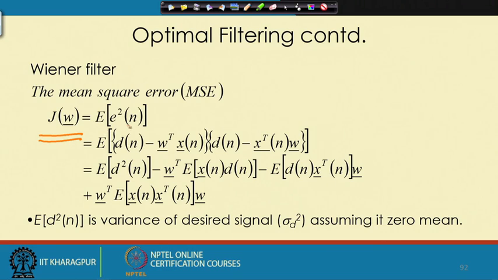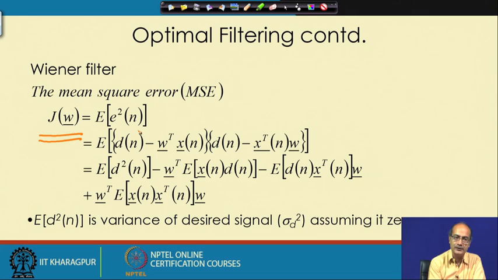So, we are just trying to have a balancing act between these two, and for that we have taken the expected value of the squared error. Why have we taken that? Here we have taken e n because we are dealing with a real signal, so we are happy with e square n.